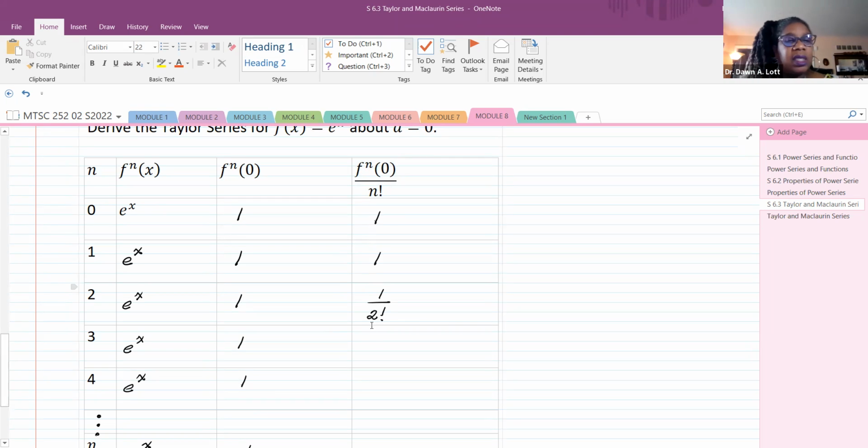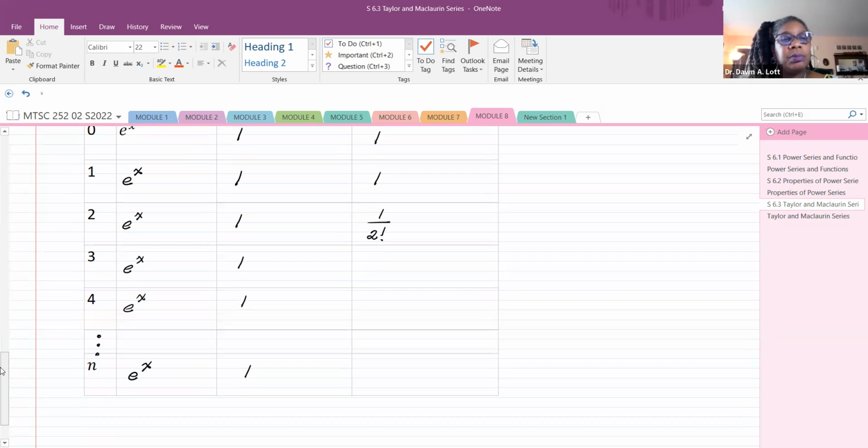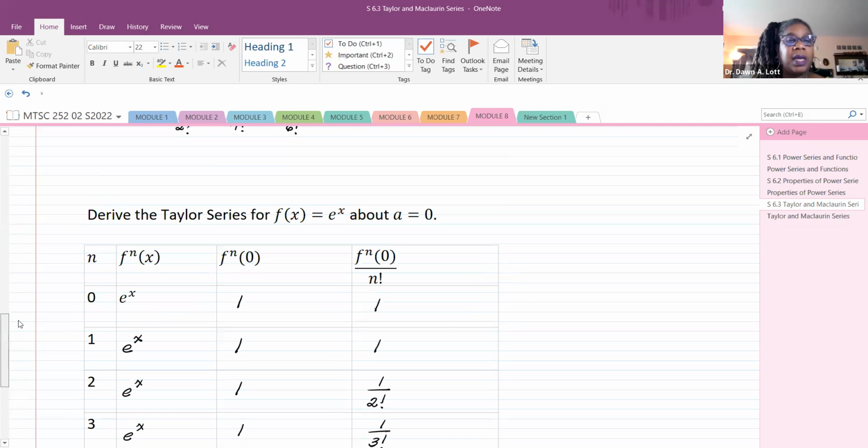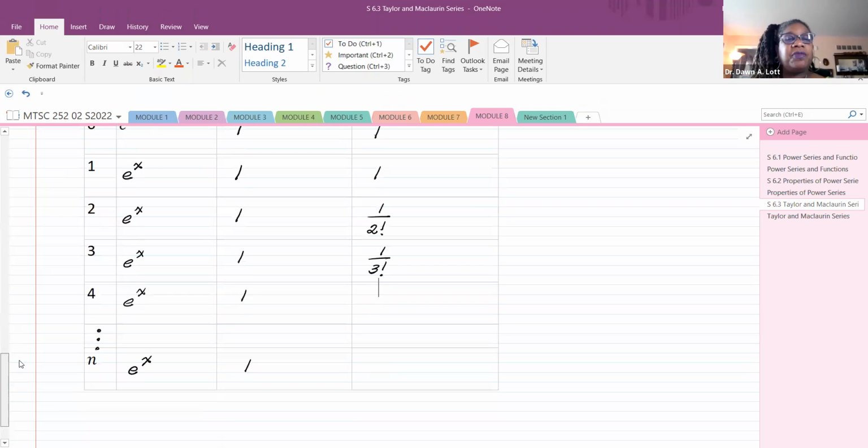I'm going to take 1 and divide by 3 factorial because n is 3. So that's going to be 1 over 3 factorial. I am going to take 1, because that's what I have, divided by 4 factorial, and I get 1 over 4 factorial. And if I keep doing this, this becomes 1 over n factorial.